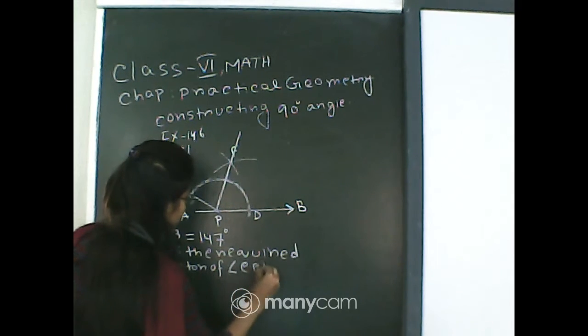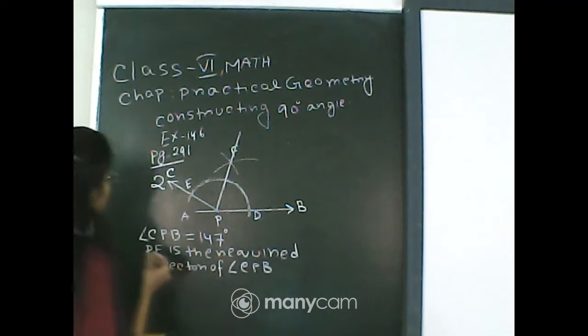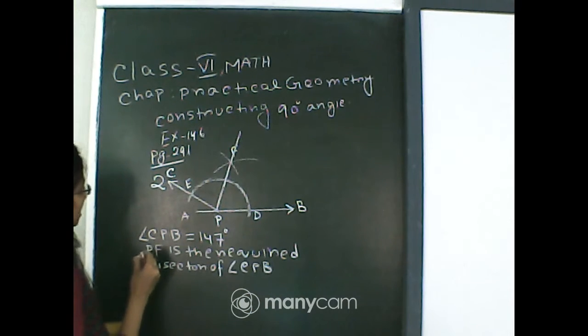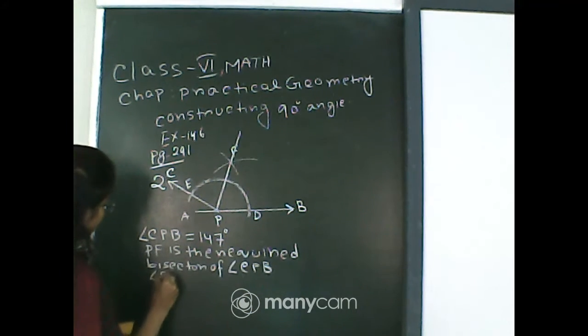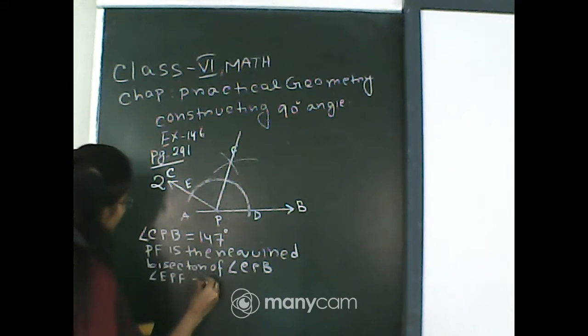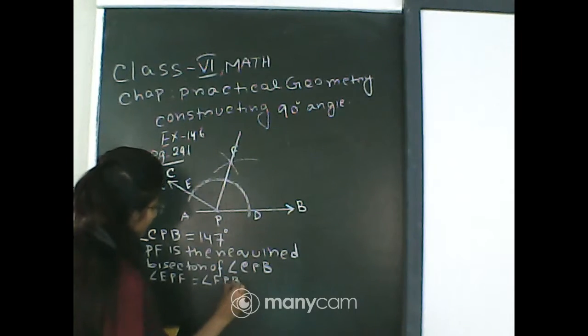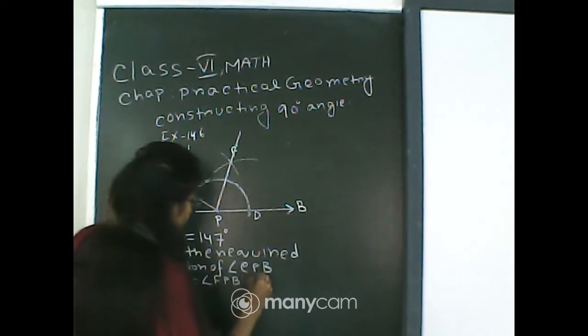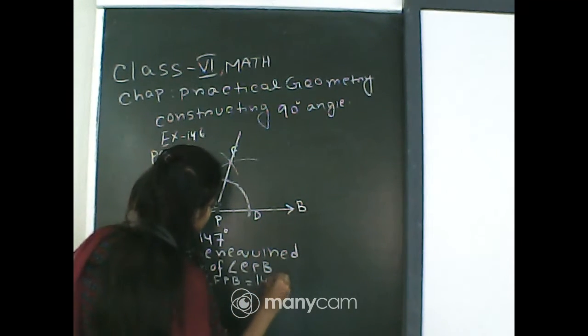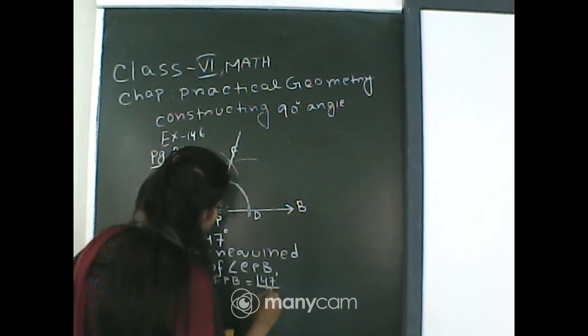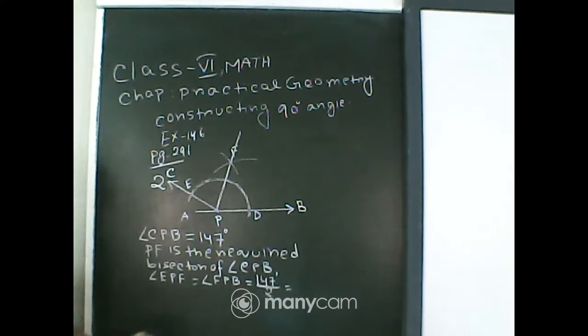Okay. Therefore, angle EPF is equal to angle FPB is equal to 147 degree divided by 2, isn't it?